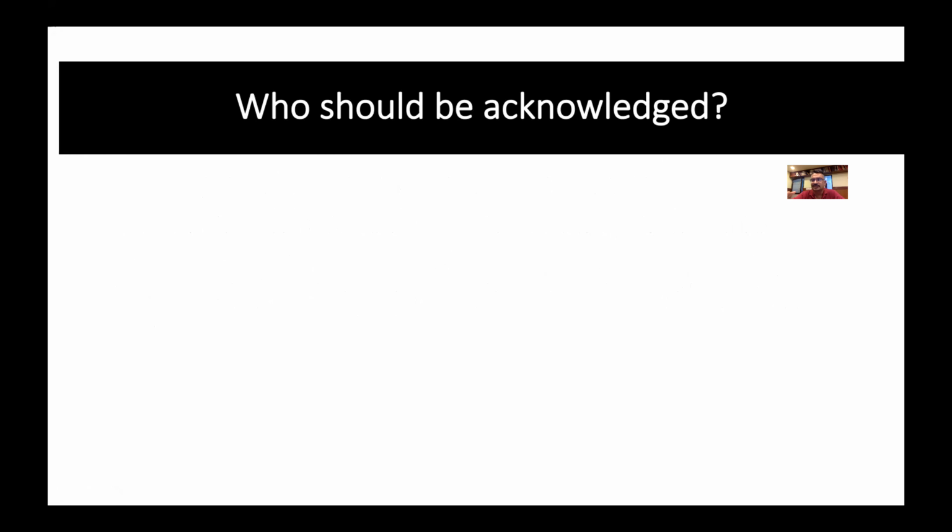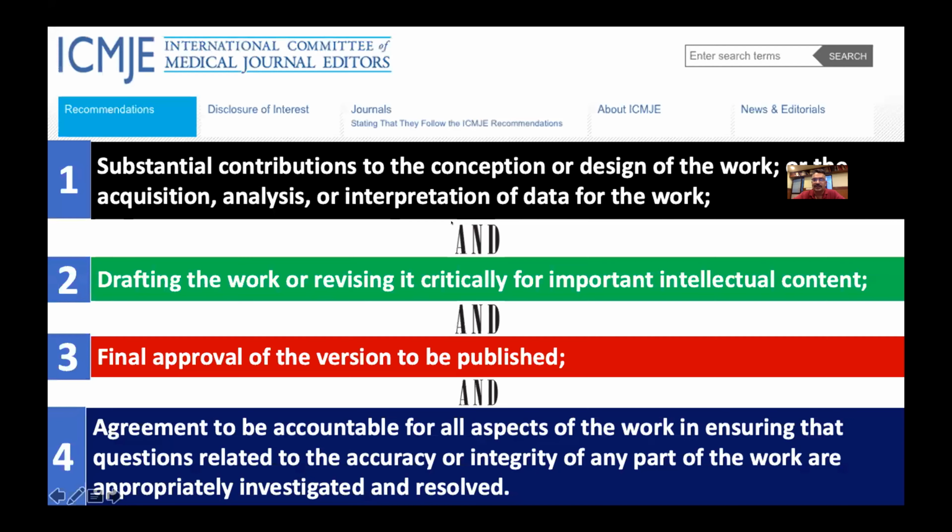Two concepts have to be changed. Acknowledgement means those substantial contributors who were not eligible to become an author. Baral sir had said earlier and also shown it, and I would like to put it here. So to become an author you have to fulfill all these 4 criteria.